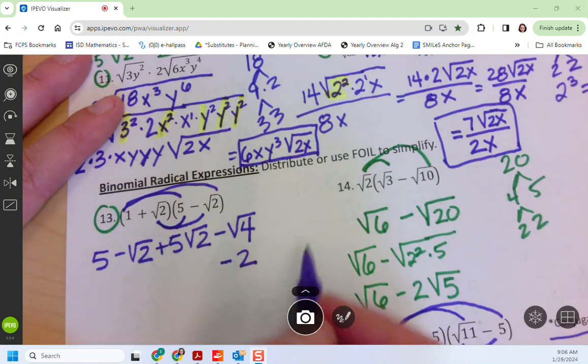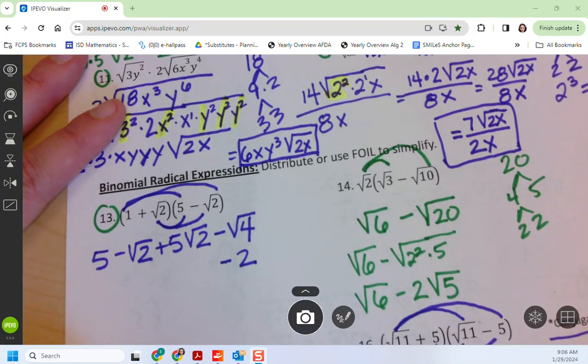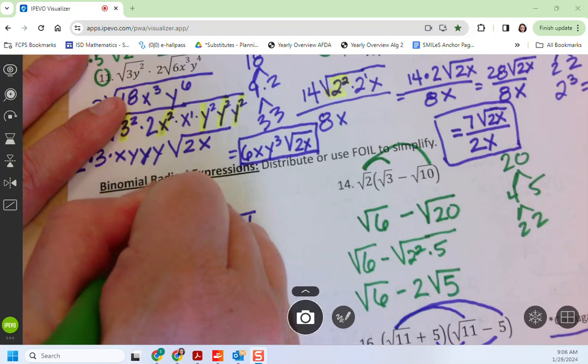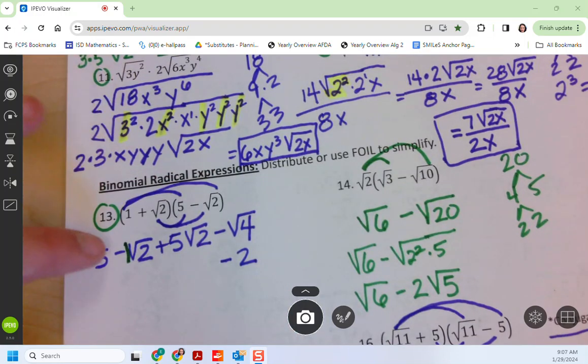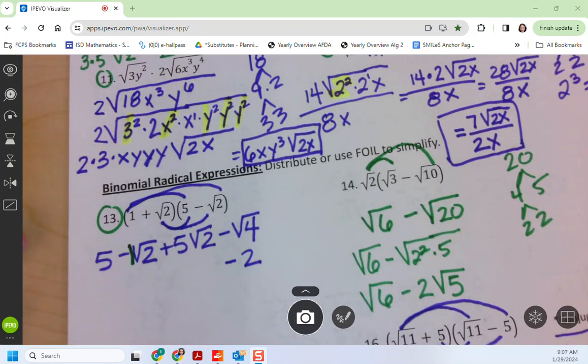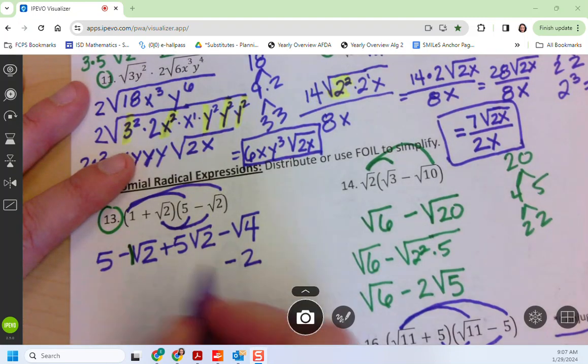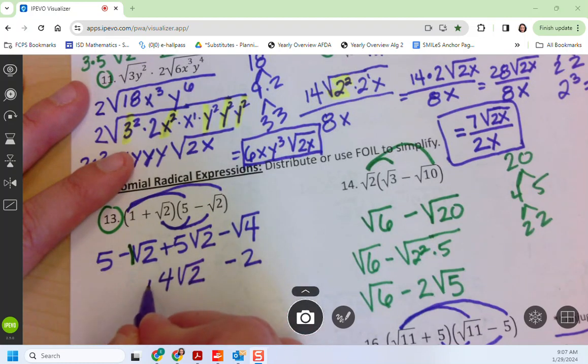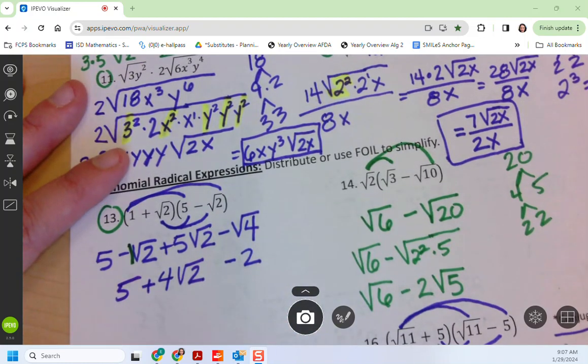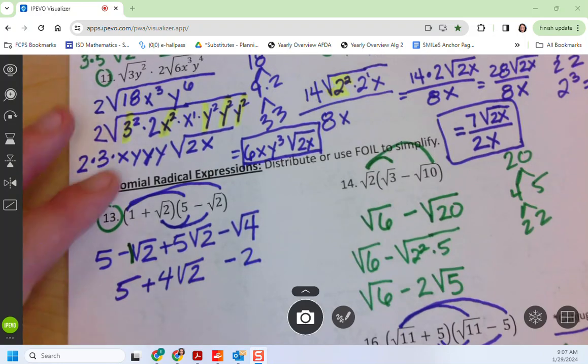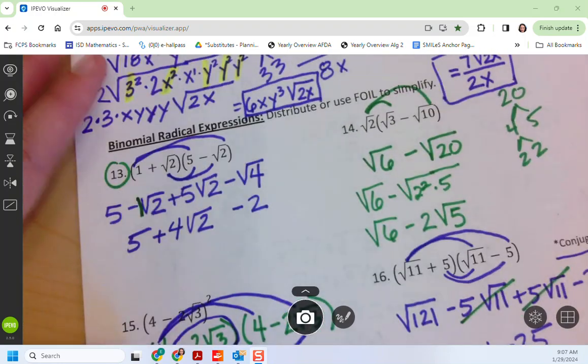These two I can add together, and remember, if you don't have a coefficient on that root 2, you can give it a 1 so that it's easy to add or subtract. I have negative 1 root 2 plus 5 root 2. What's negative 1 plus 5? 4. So that's going to give me 4 root 2. And I still have a 5 here. And then lastly, I'm going to combine the 5 minus 2 to get 3.